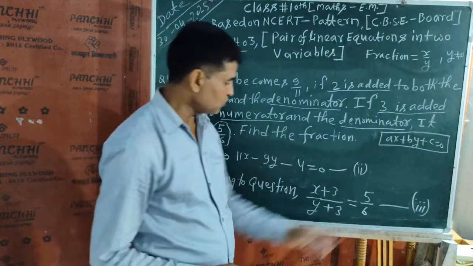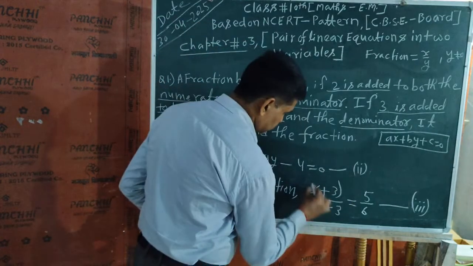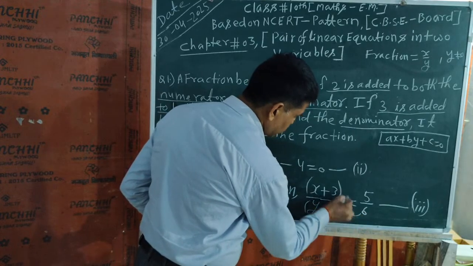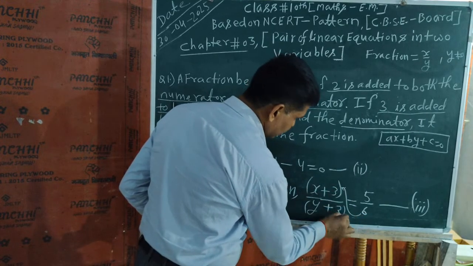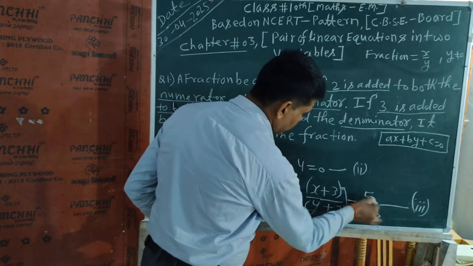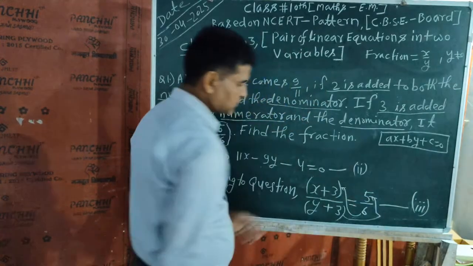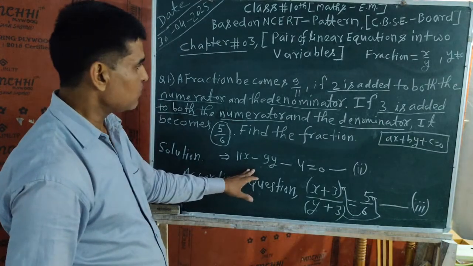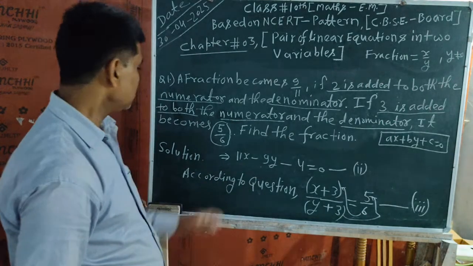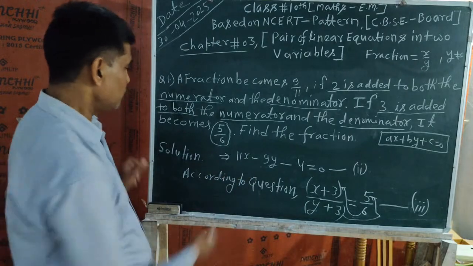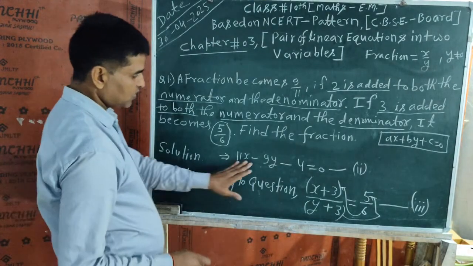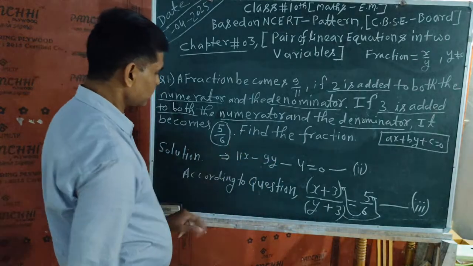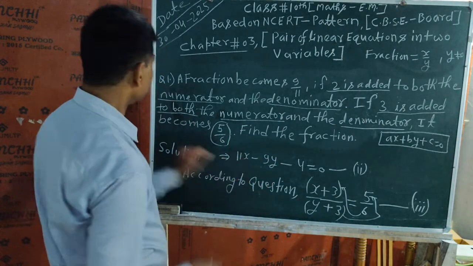So I am going to use cross multiplication: this 6 is multiplied with this term, and this term is multiplied with this term. This process is known as cross multiplication. I am going to save this equation because I will use it further. Because there is no space here, we have to erase this data and then simplify.